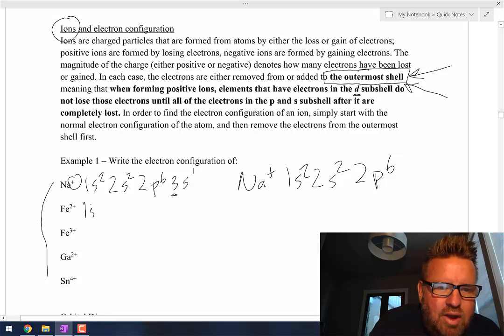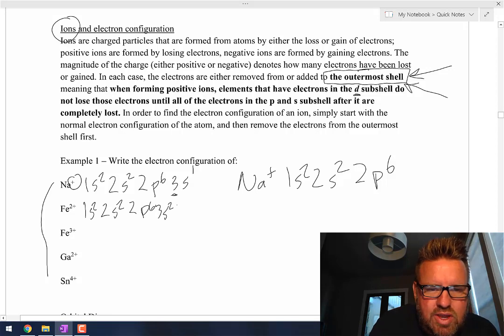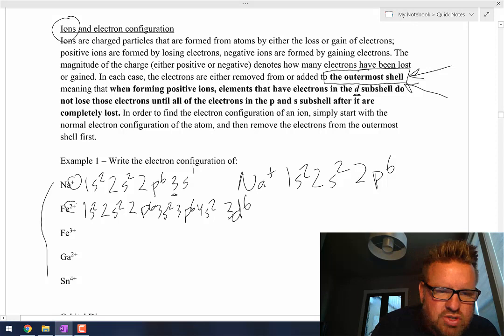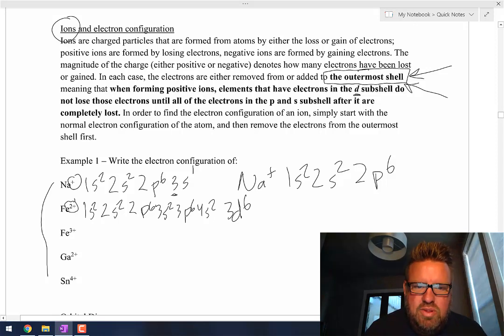Iron is 1s2, 2s2, 2p6, 3s2, 3p6, 4s2, 3d6. But if you're going to take two electrons away, which you have to with Fe2+, you must take them away from the farthest shell first. Here's the fourth shell right here, and you're still in the third shell here.